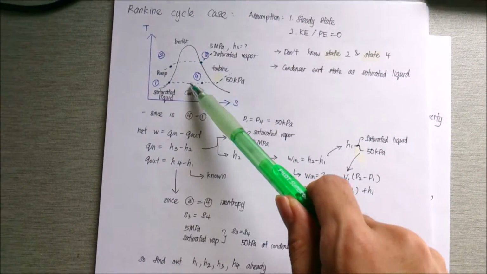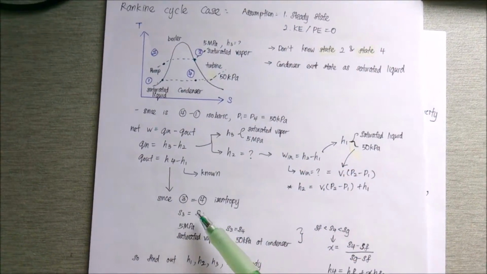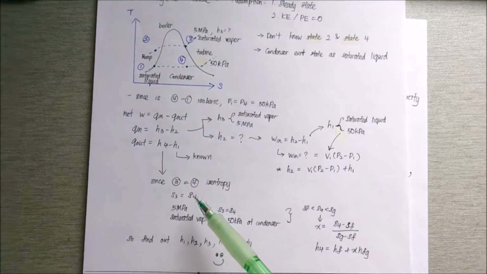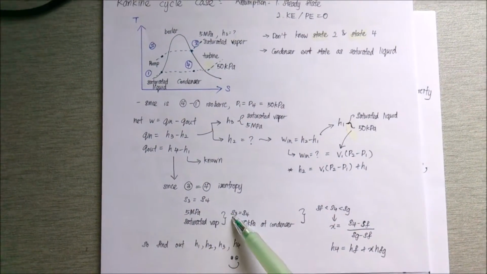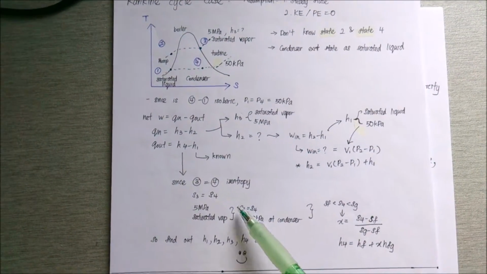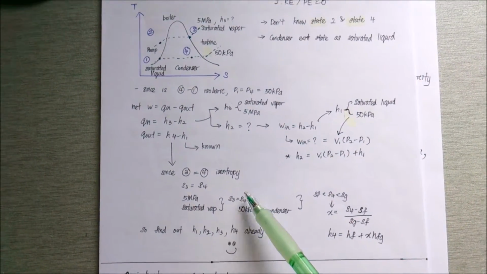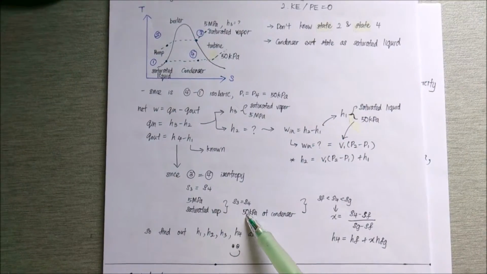Since it's an isentropic process, the entropy of 3 will equal the entropy of 4. From the 5 megapascal and saturated vapor, we already find the entropy S3, and we know that the value is the same as S4.